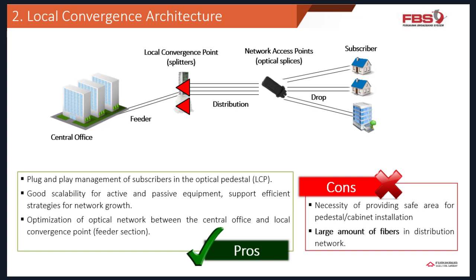And then now we have a local convergence point, which is a little closer to the customer with the splitters. So let's say we solved half of the problem. So half of the network will already have less fibers, but half of it will still have large fiber counts.